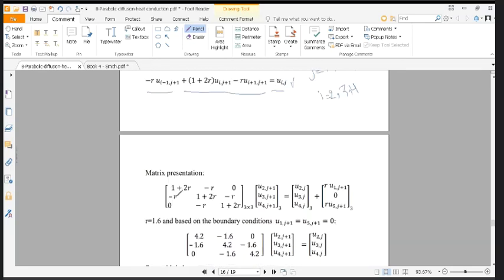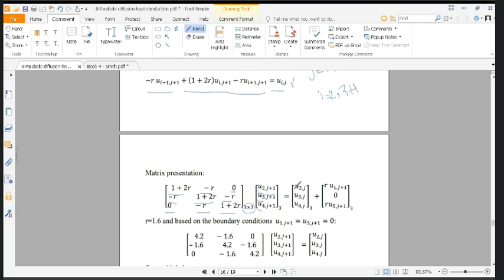Attention: 1 plus 2r, minus r, and 0. The second row: minus r, 1 plus 2r, minus r. Third row: 0, minus r, and 1 plus 2r. The dimension of this matrix is 3 by 3. The unknown vector is u2,j+1, u3,j+1, u4,j+1. It is a vector of dimension 3.